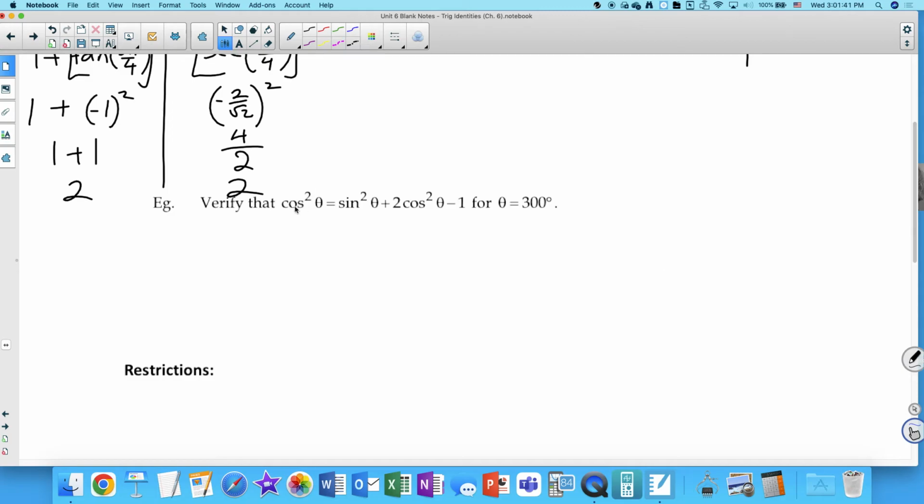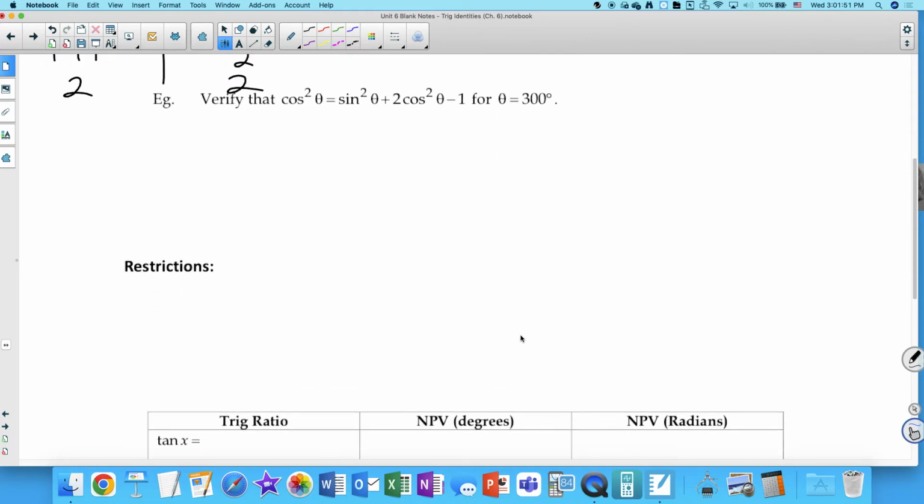Verify that cosine squared theta equals sine squared theta plus 2 cosine squared theta minus 1 for theta equals 300. Okay, so again, I'm going to make my chart. And on the left side, I am going to have cosine of 300 squared. So that's really the one thing that I change. I change the notation around the trig ratios that are raised to an exponent.